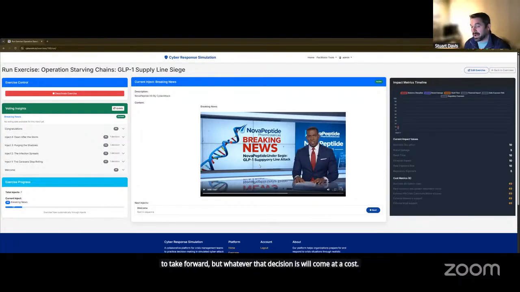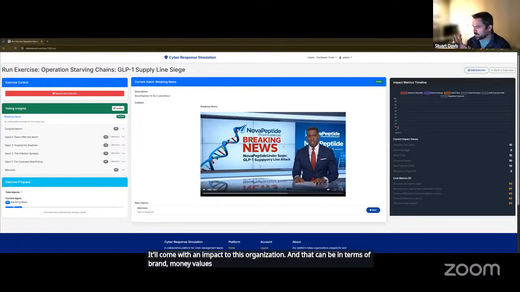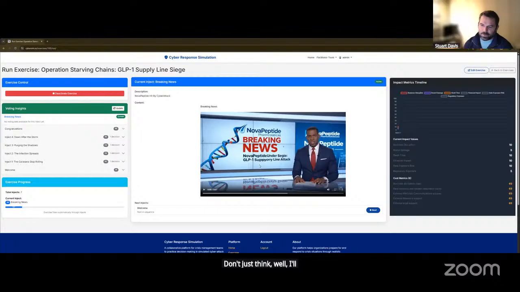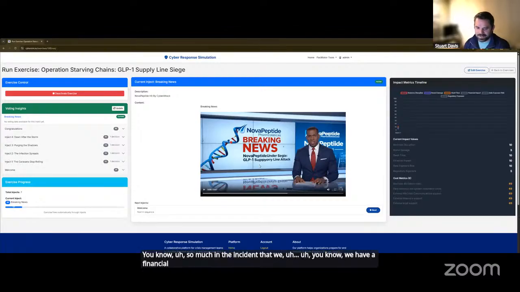It will come with an impact to this organization. And that can be in terms of brand, money values, and so on. So be very careful with the decisions. Don't just think, well, I'll pick the one my boss would pick. So I want you guys to balance those competing objectives between protecting our brand, keeping operations, but also not spending so much on the incident that we have a financial issue.